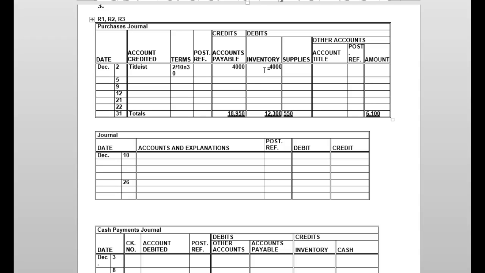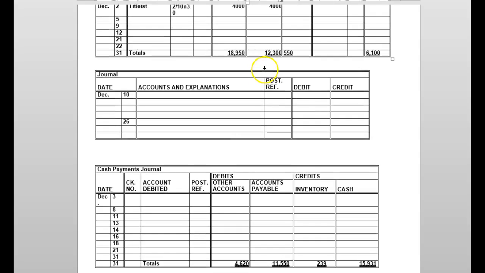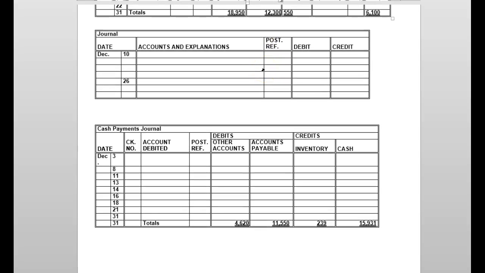Then let's go down and look very quickly at the cash payments, because that's our next entry. On the 3rd, you paid rent, and you debited rent expense for $2,000. So now, let's move down to that cash payment journal. This is rent expense, right?